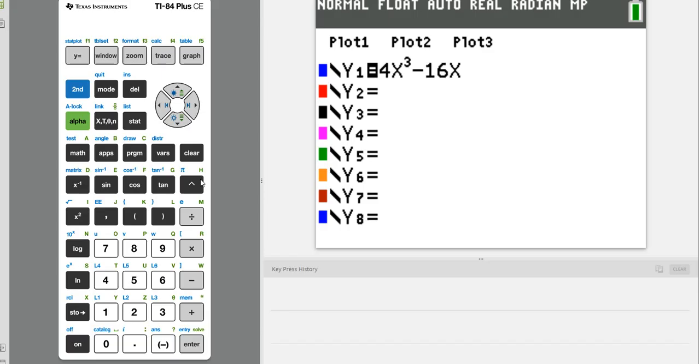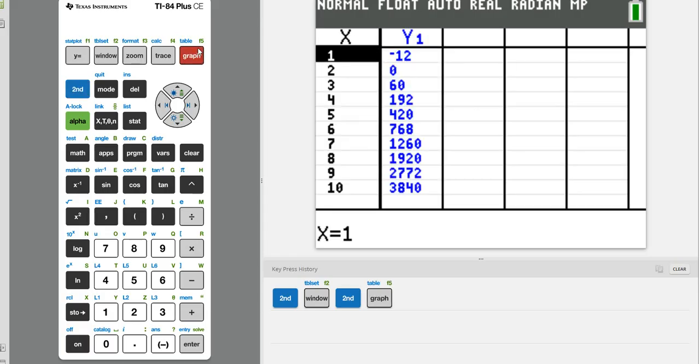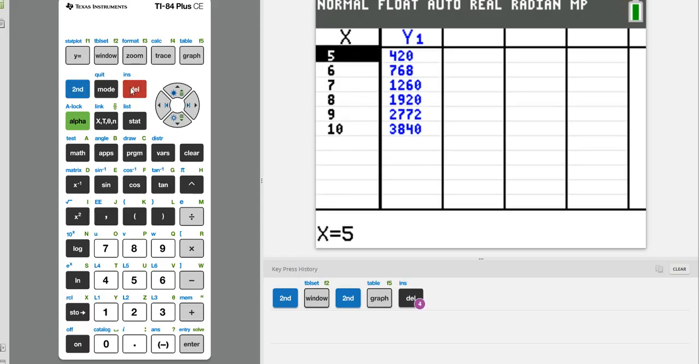Make sure you get your calculator's table set up correct. Independent should be set to ask. Dependent should be set to auto. You can find that window by hitting the second key and then the window key up top. When that's all set, we're going to test some points. Let me get rid of the ones that are already here.